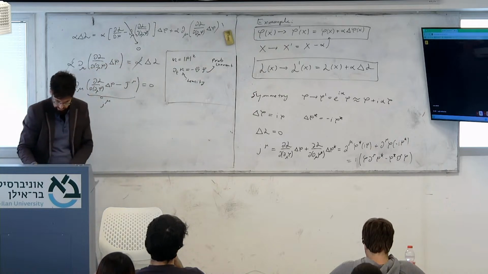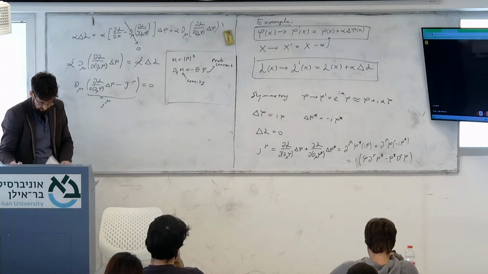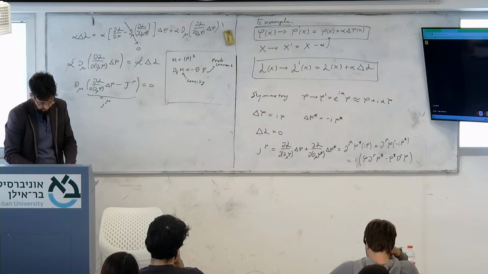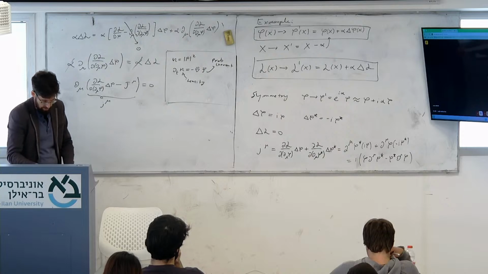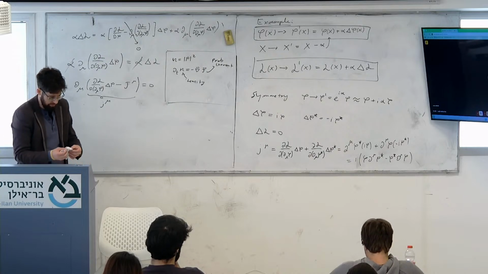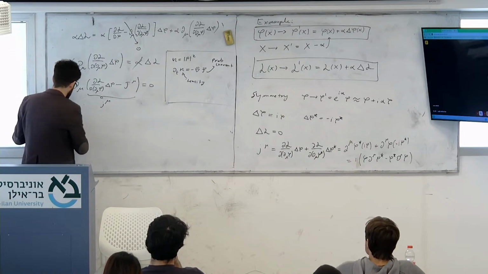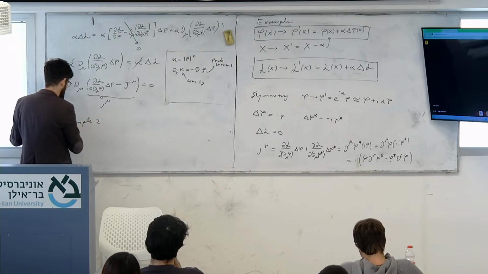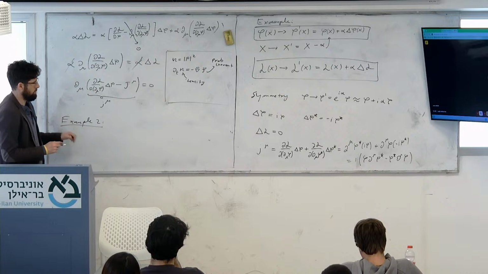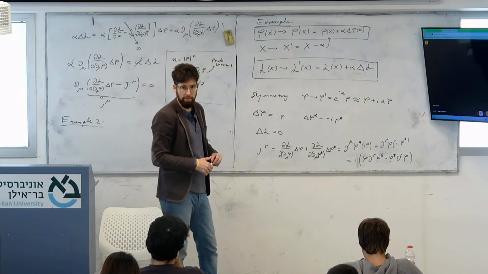I don't know if I had anything else to say about that. Okay. No, I didn't have anything. Any questions before we do the second example? We will encounter this when we do, for example, symmetry breaking.